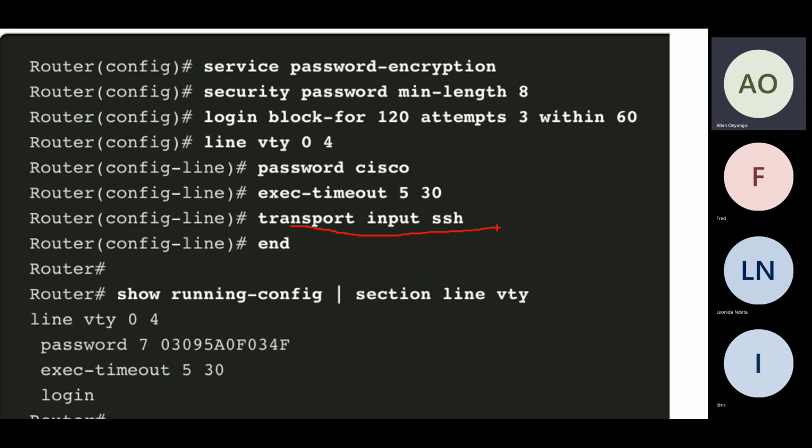Because you could as well say transport input telnet, so that SSH cannot be used. And you can even put both of them. You can say transport input SSH telnet. But we will be using this one. And I think today we'll also take you through how SSH is configured. And I'll give you some practice for you also to do that.